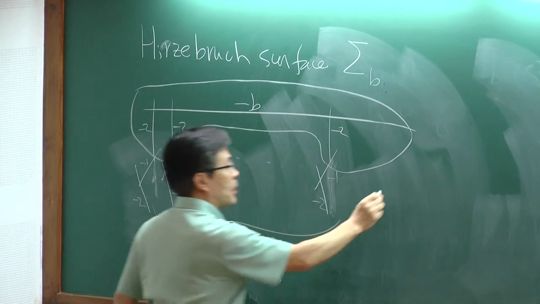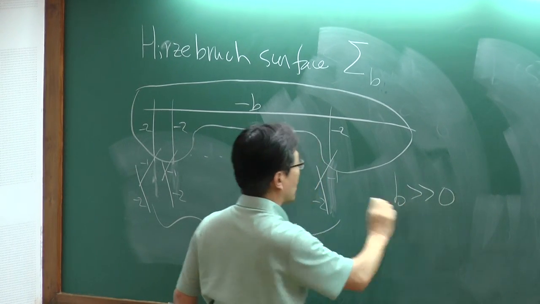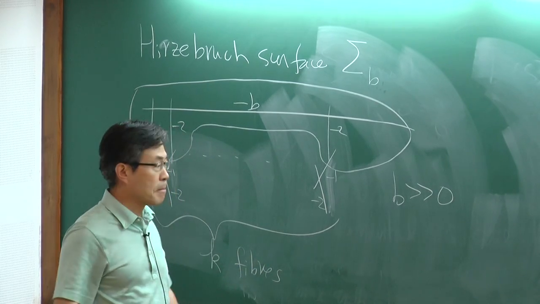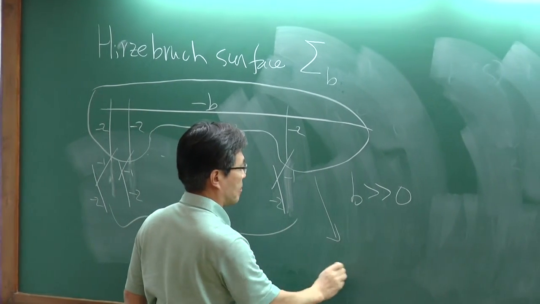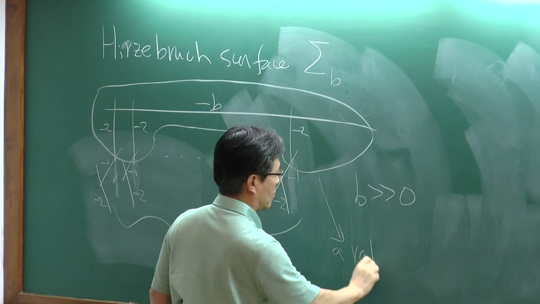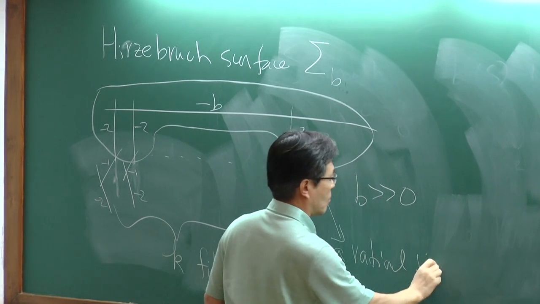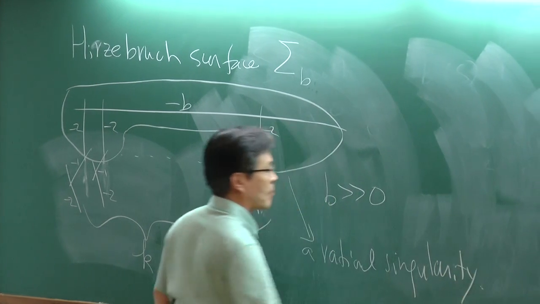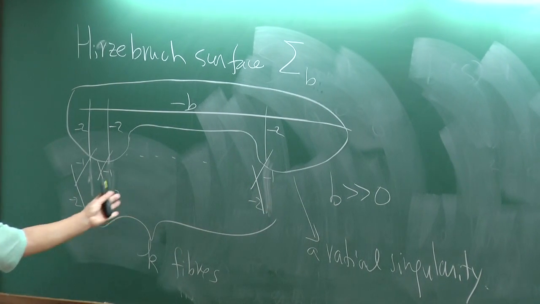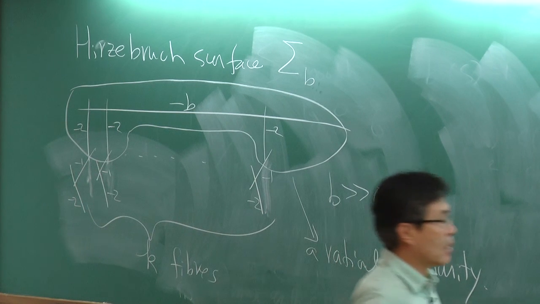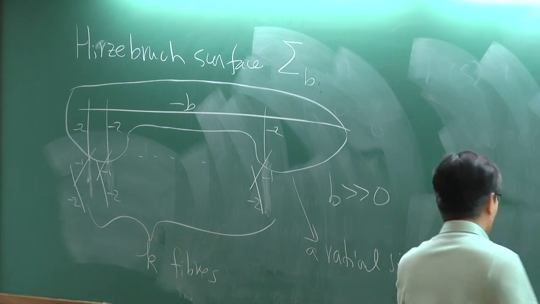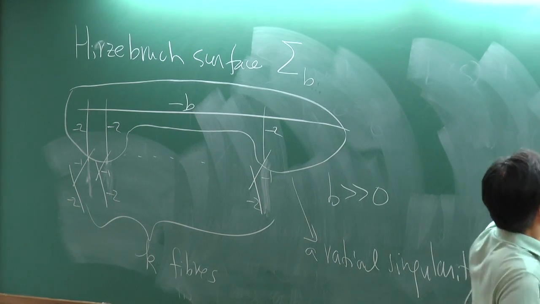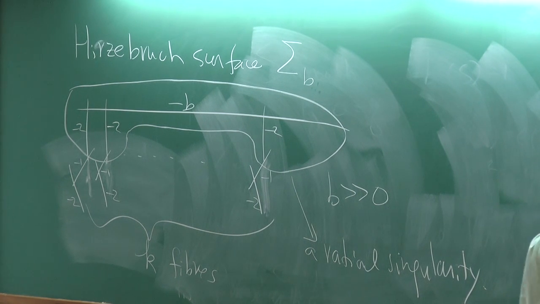If K is sufficiently large, then these are rational singularities. In this way, you can construct an example with arbitrarily many rational singularities.